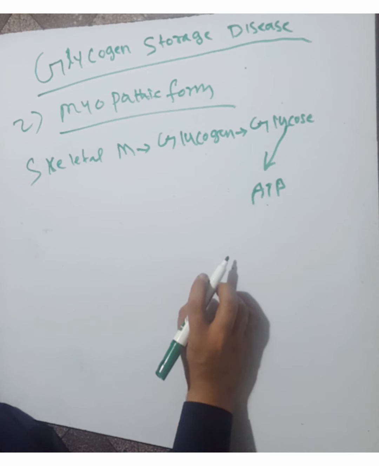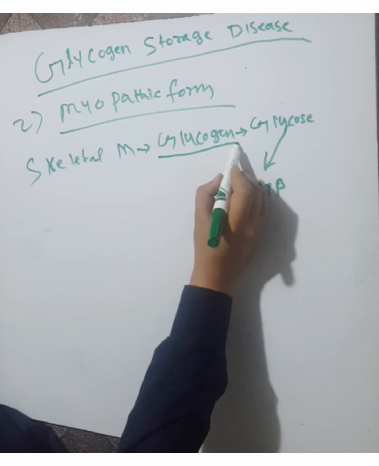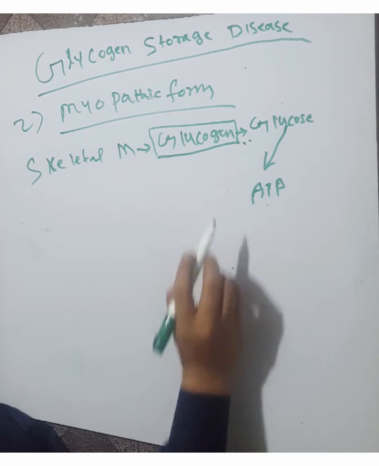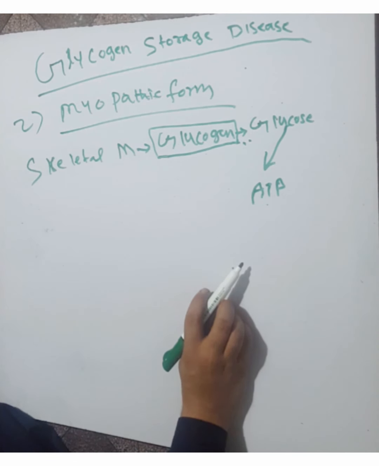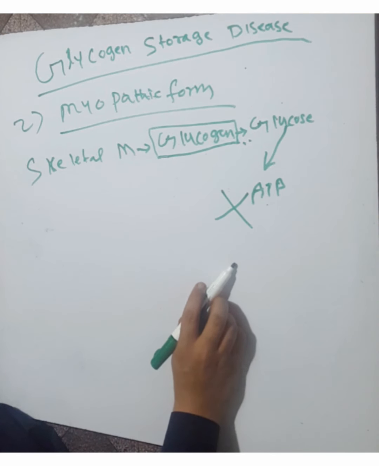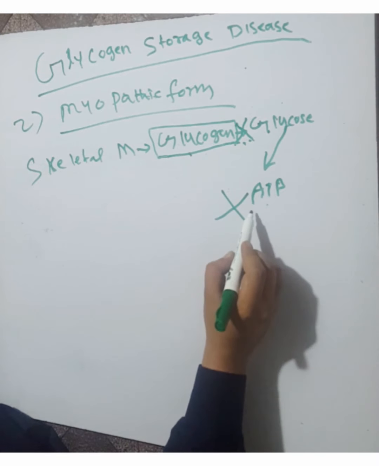When the patient starts physical activity and there is an enzyme deficiency in either glycogen synthesis or glycogen breakdown, ATP is not available. If there is no enzyme, there is no conversion of glycogen into glucose, and no ATP.